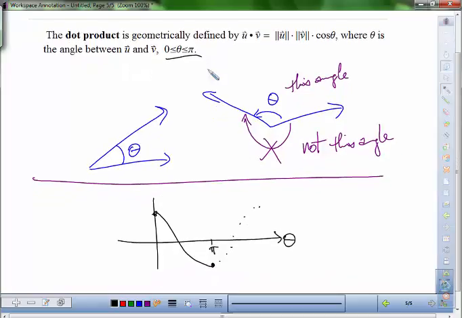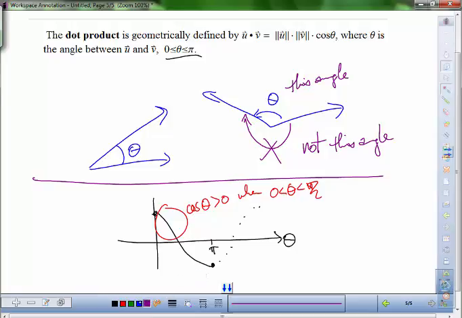So a couple of interesting things are happening here. First, if we focus on the top part of the graph from 0 to pi over 2, we see that it's positive, right? Cosine theta is positive when theta is between 0 and pi over 2. So if you have an acute angle between the two vectors, we know that you're going to get a positive dot product.